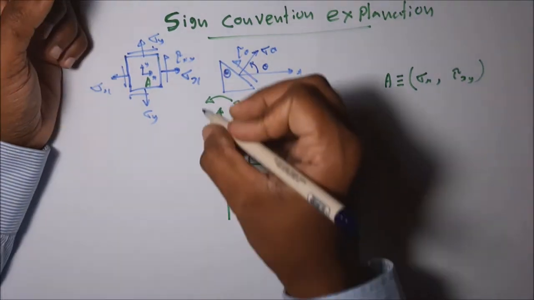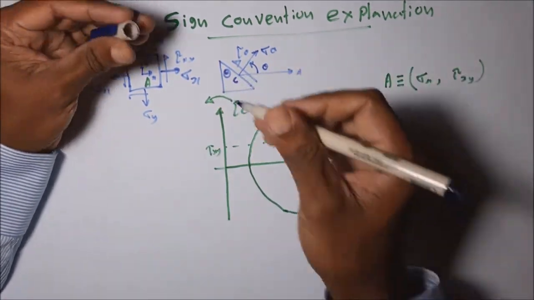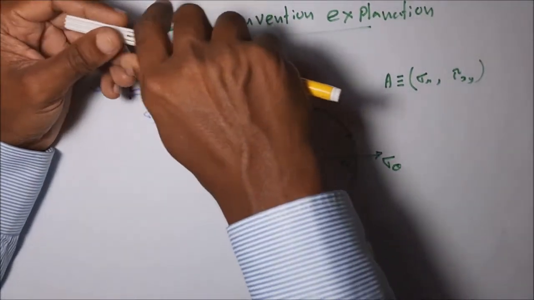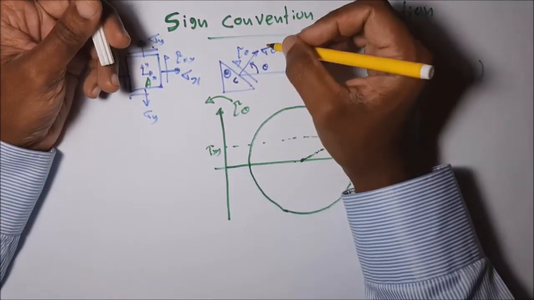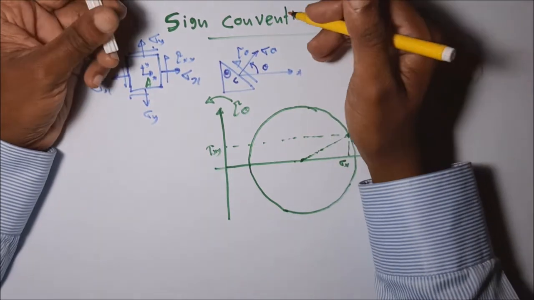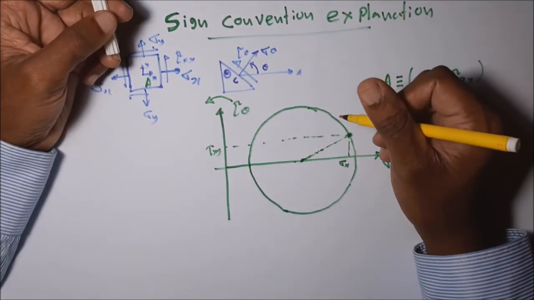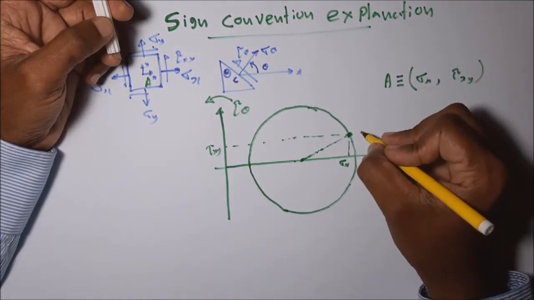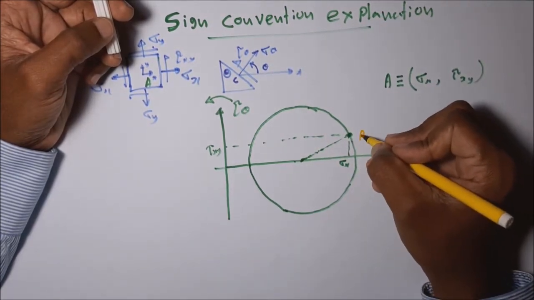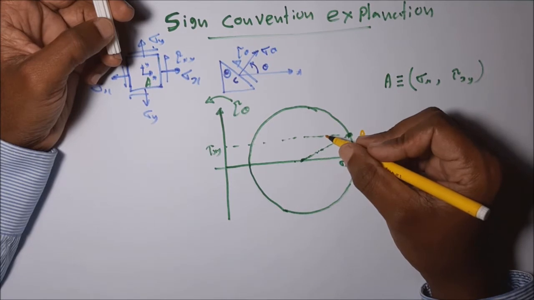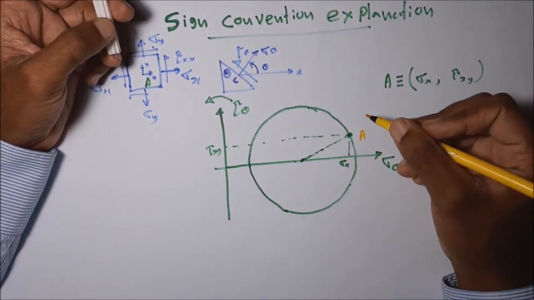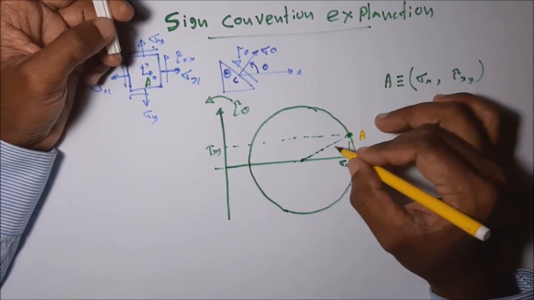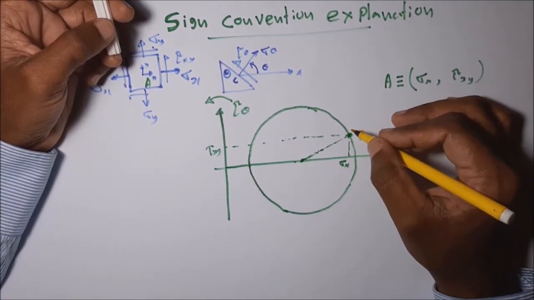Then let's take this point, the C point. We are going to mark the C point, but we don't know how to mark it. Let's assume the C point is at an angle alpha from the A point.